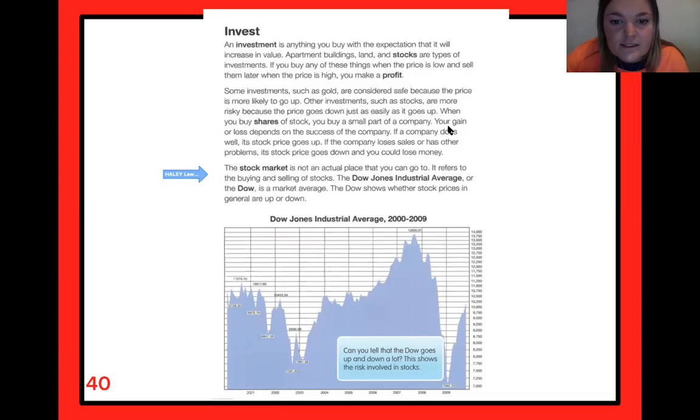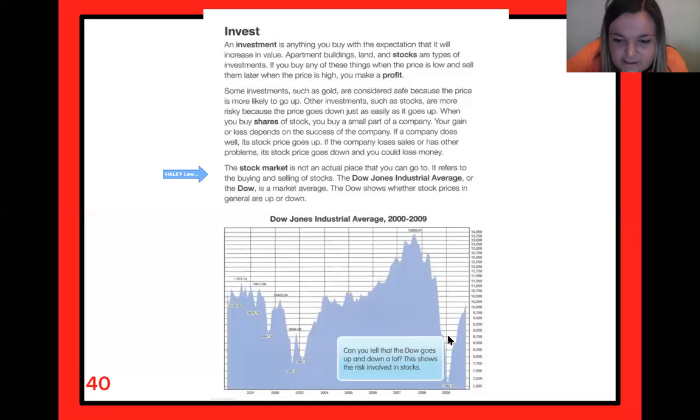So it says here, this chart down below, it says, can you tell that the Dow goes up and down a lot? This shows the risk involved in stocks. So we're about to read about that. It says the Dow Jones Industrial Average, or the Dow, is a market average. The Dow shows whether stock prices in general are up or down.